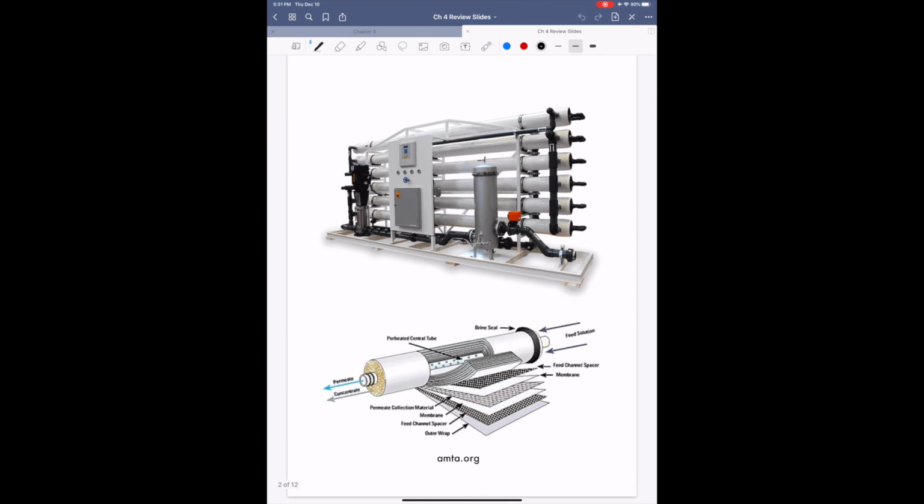To show you an example of a continuous process, in the photo that you have here, this is a photo of a reverse osmosis membrane stack that's used to convert salt water into fresh water that you could drink. And so what happens here, in each one of these membrane stacks, on the right-hand side, you feed in a saltwater solution, all right?